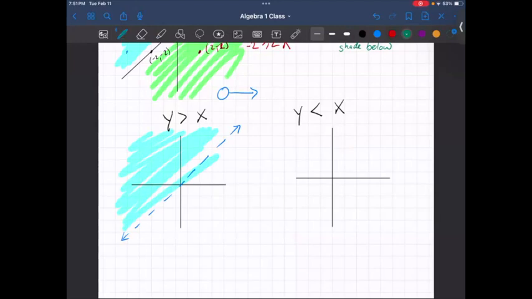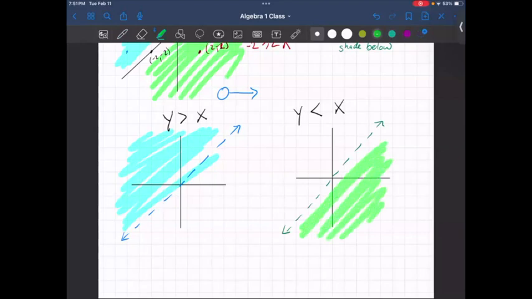Okay, and if I wanted y is less than x, I would graph y equals x, but dotted, because y doesn't equal x. Y is just the things less than x. And then I would shade below, right? Because greater than is above, less than is below.